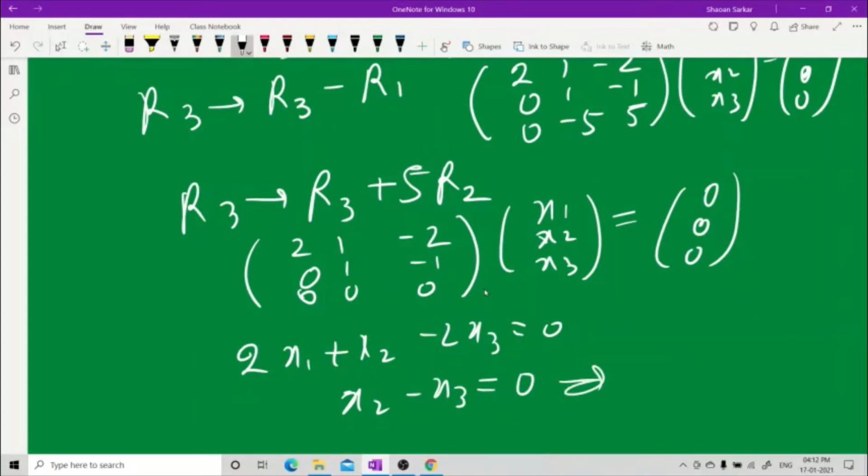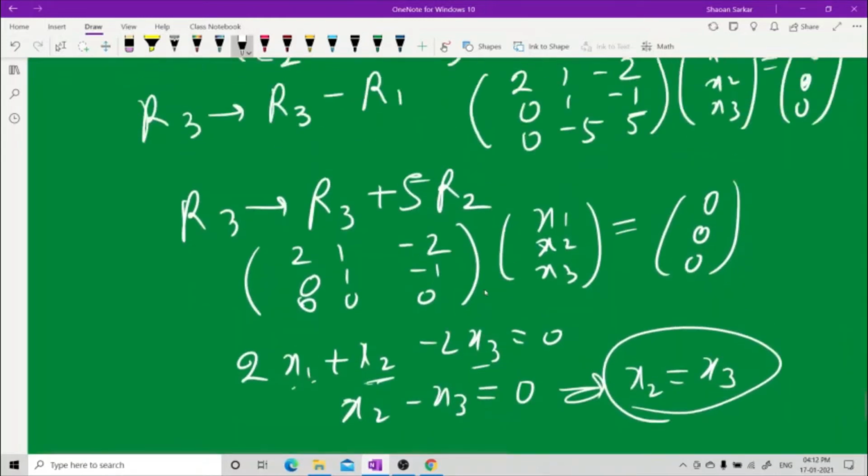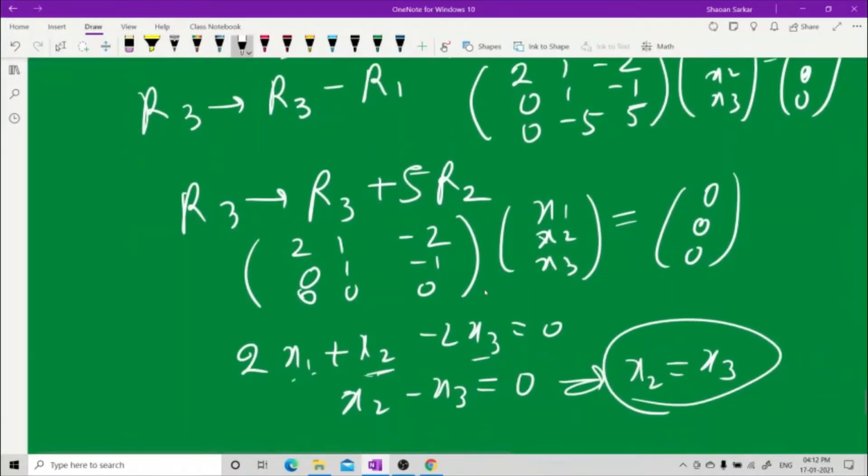So from here I'll get x2 must be equal to x3. This condition must be satisfied. x2 must be equal to x3. If x2 and x3 are same, that means I have to take, see, I take x1 as 2.